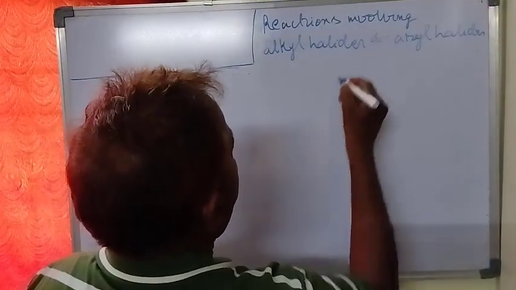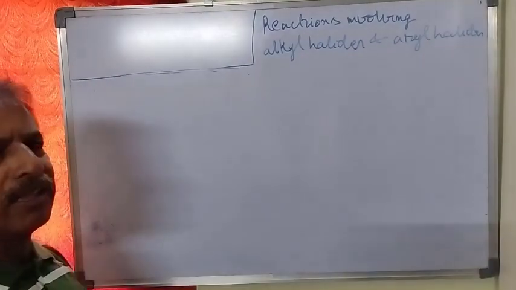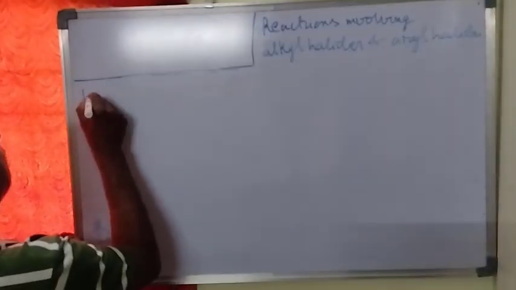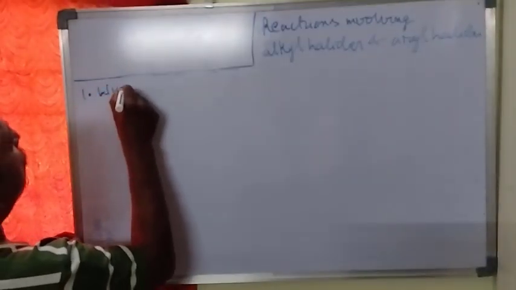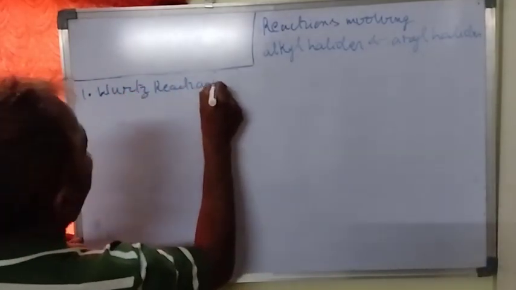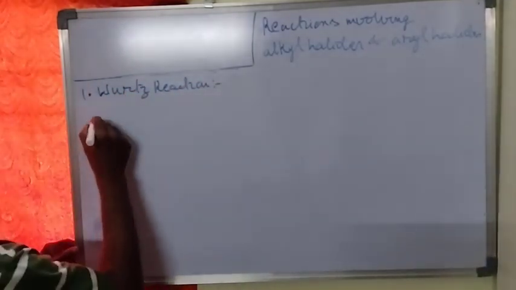Now let us discuss the reactions involving alkyl halides and aryl halides. In this class of reactions, the first one is the Wurtz reaction.